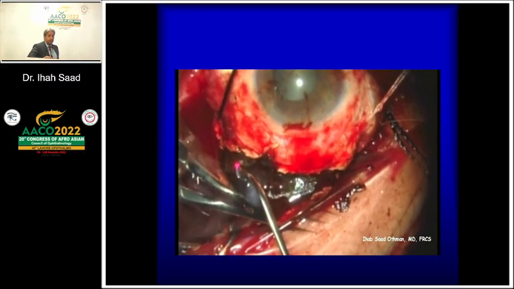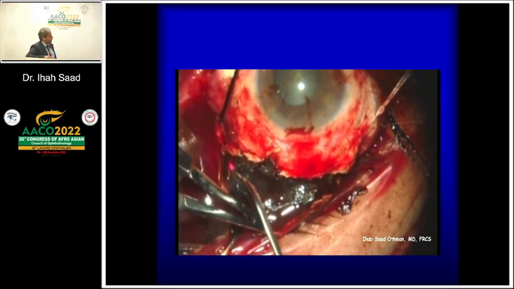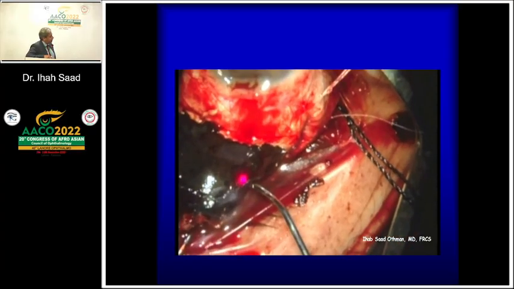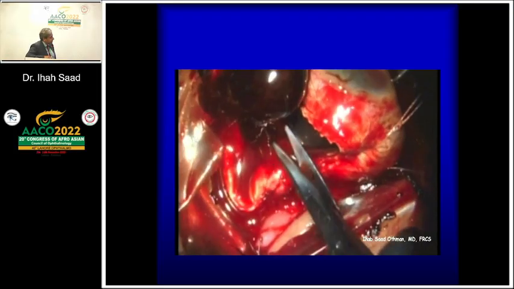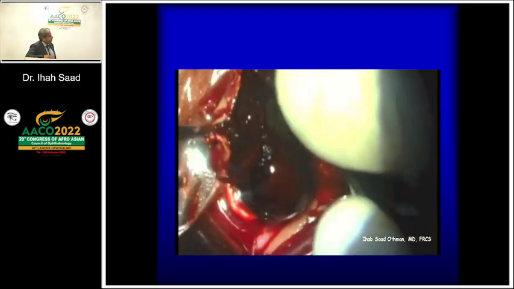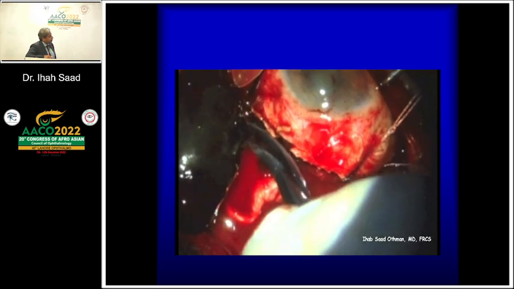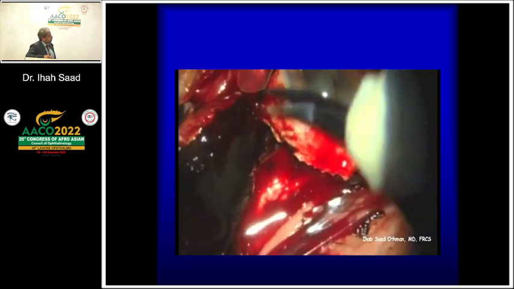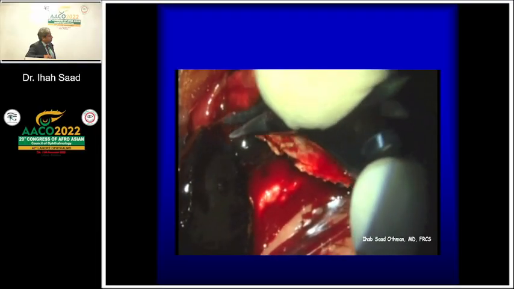It's not bleeding because the patient is under severe hypertensive anesthesia, and we use the laser here to augment the hemostasis. Tumor is here, the retina is here, and the tumor is gently coming out of the eye. You see, this is a big tumor coming out of the eye with the retina in position. We could preserve the retina without any breaks and with minimal bleeding, as you notice.